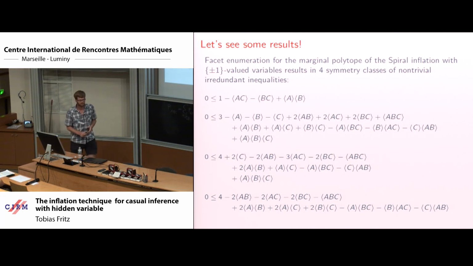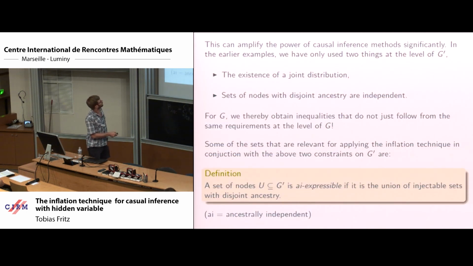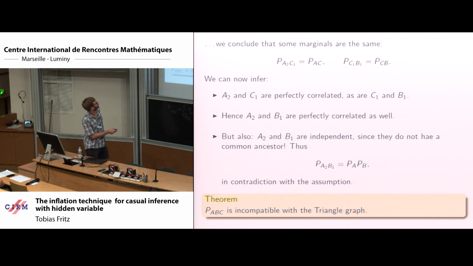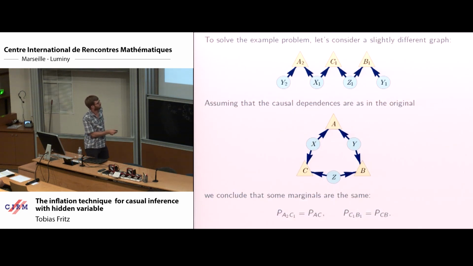But why do you have inequalities and not equalities in this equation? Because, well, if you take a look at the original triangle causal structure, there are no equations. First of all, there are no conditional independences in general.